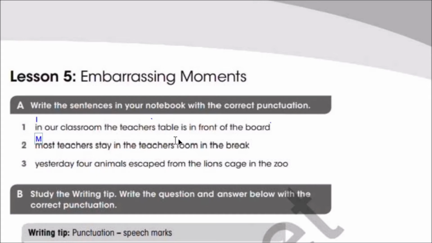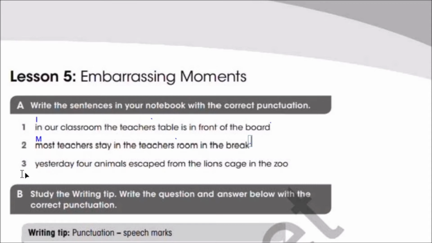Because he's talking about teachers, the plural form, we use an apostrophe here. And it has to be after the S, in which the possessive S is talking about a plural word. And in the end of the sentence, we use a full stop. Good job.